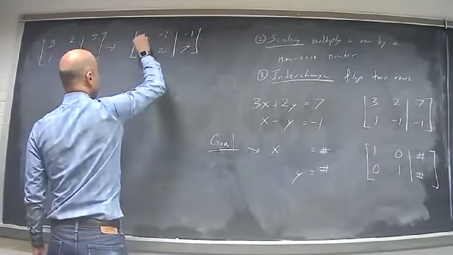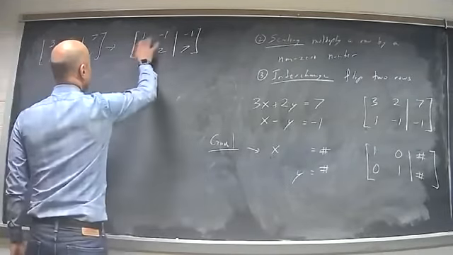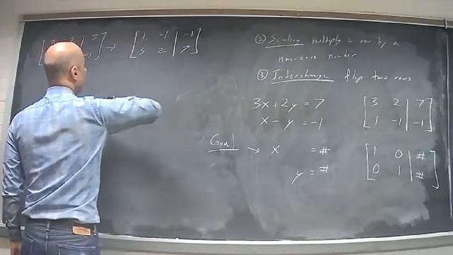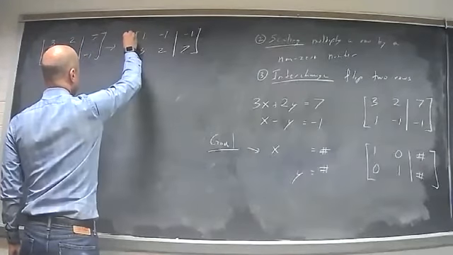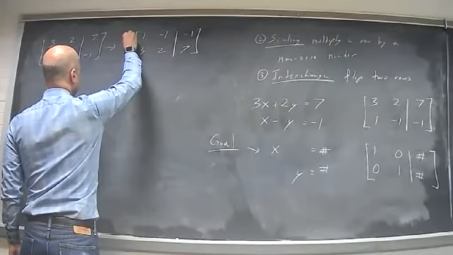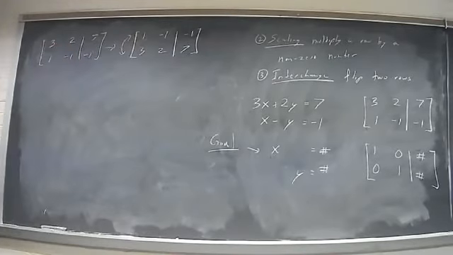Now I have my first goal. I have a 1 right there. I've interchanged 2 rows.